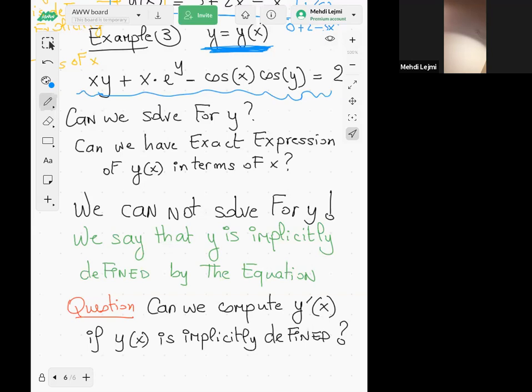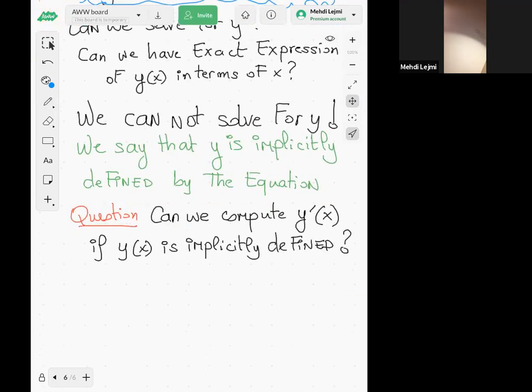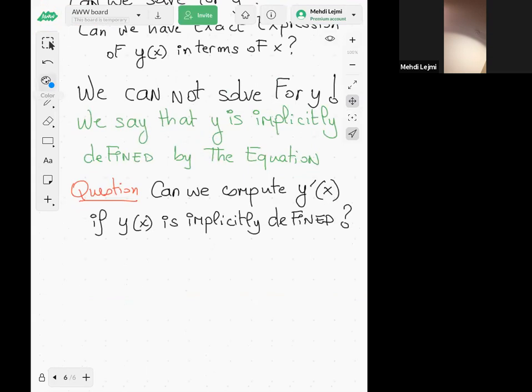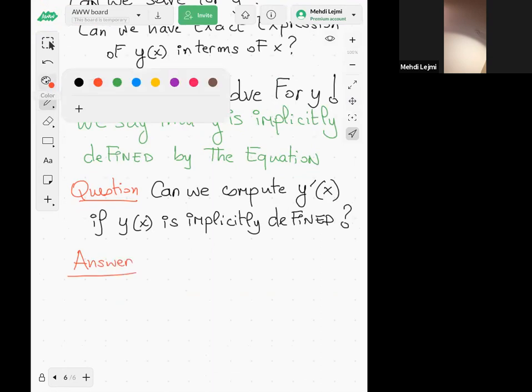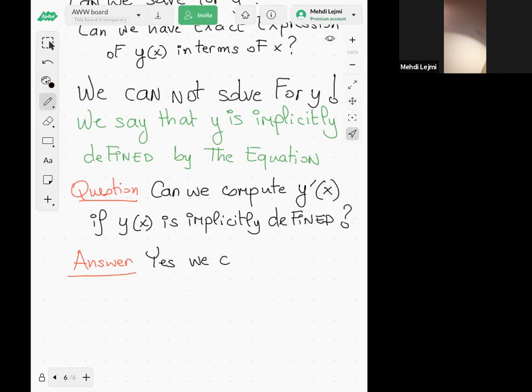And the answer is yes. We can compute y prime of x using implicit differentiation.